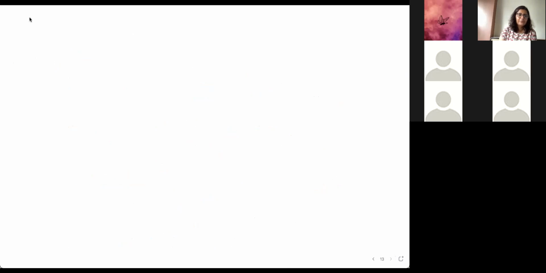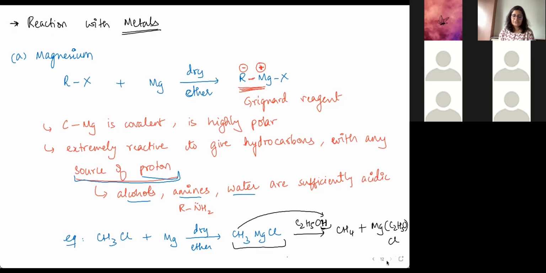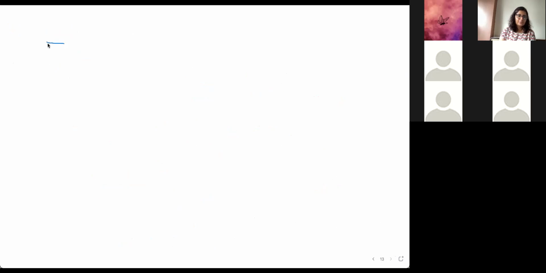Next one is reaction with sodium. Under sodium, we have 3 reactions. Okay, before we get to sodium, even haloarenes are capable of forming Grignard reagent. Suppose we have bromobenzene plus magnesium in dry ether.